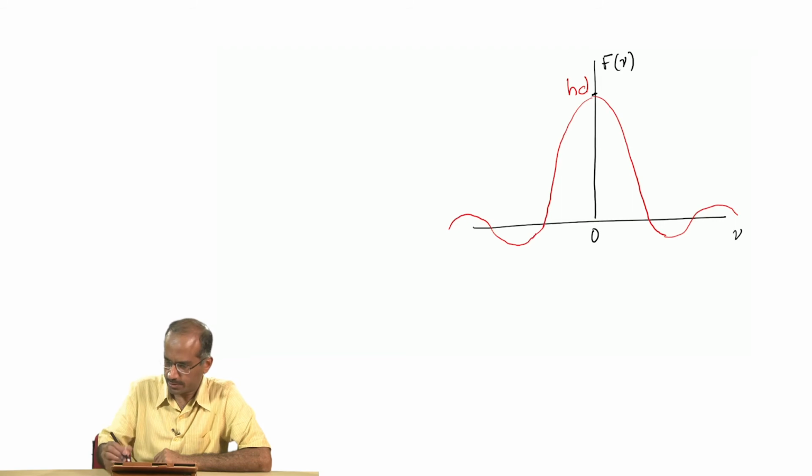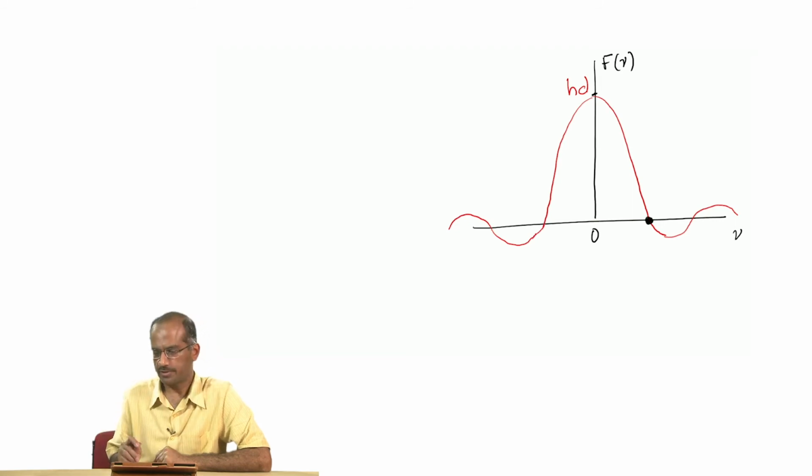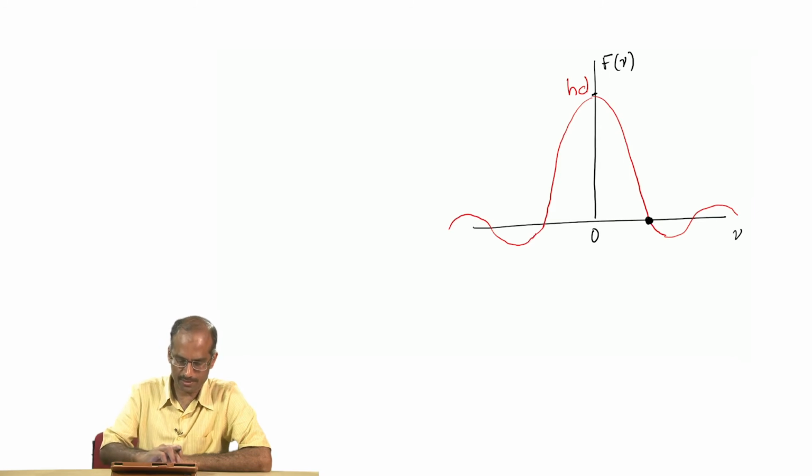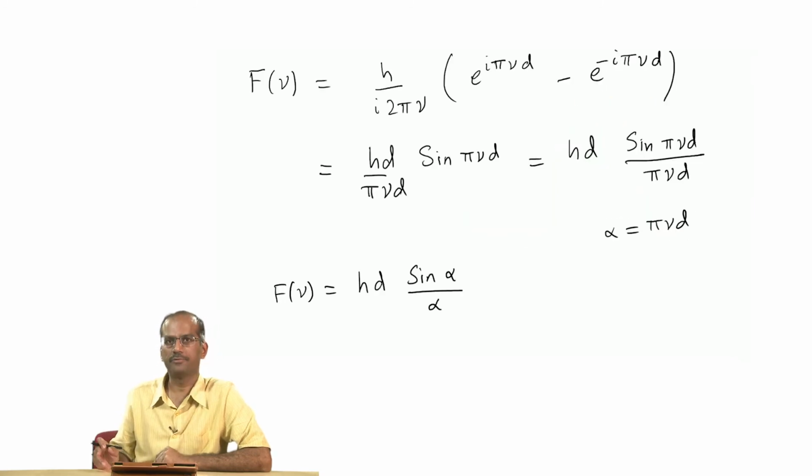Now, if you focus on this point, this is the point at which F of nu equals 0. So, you can ask the question, when does F of nu become 0? That would happen if nu equals 1 by d.